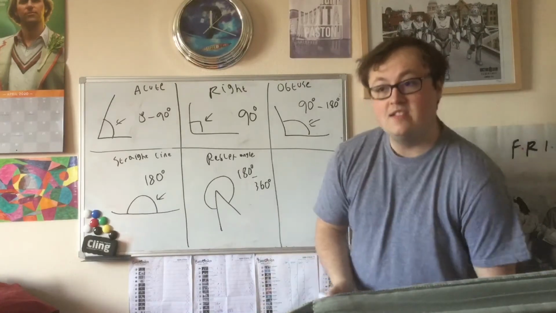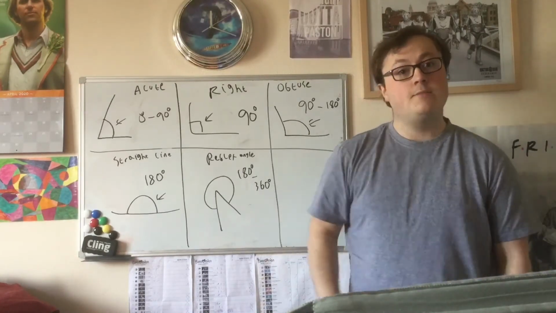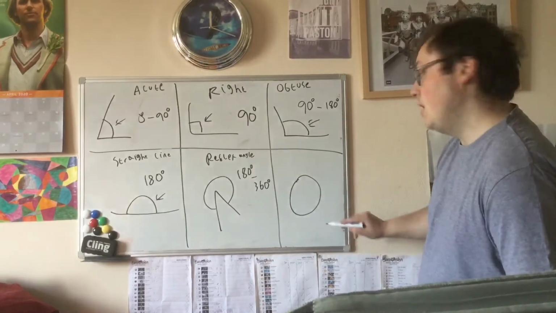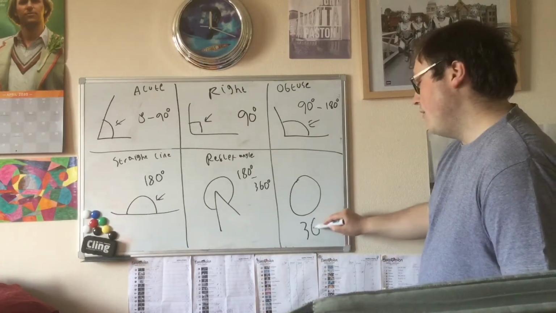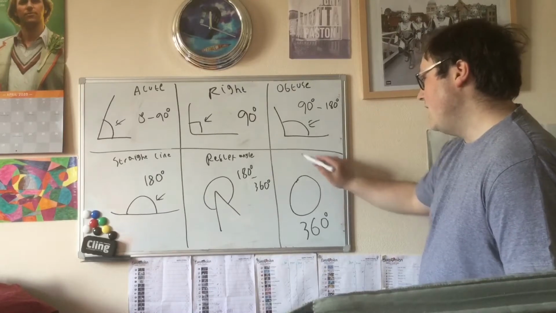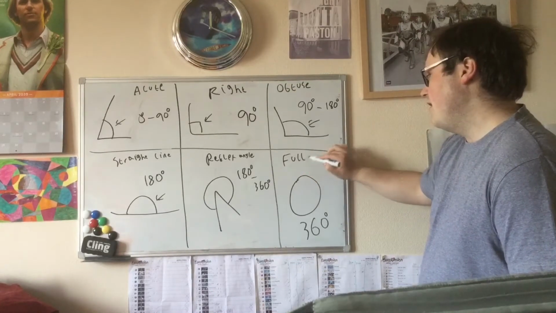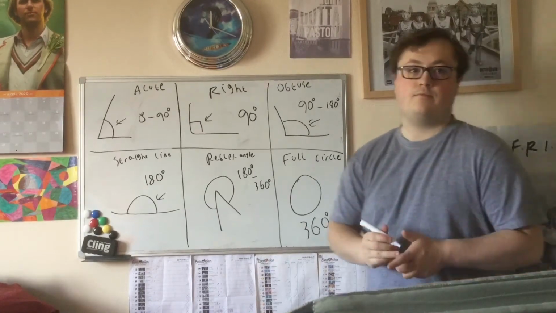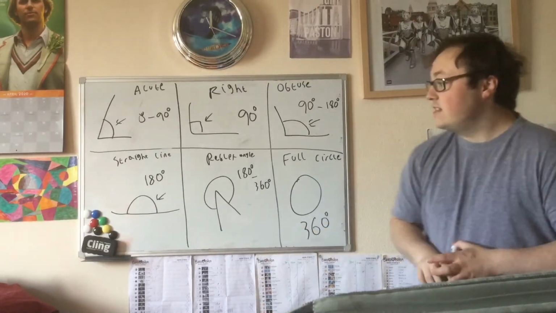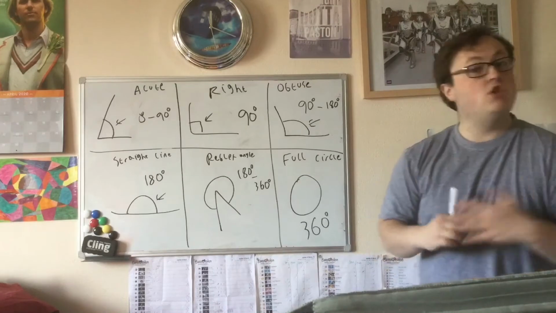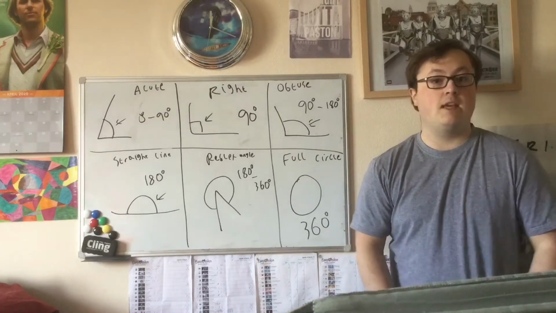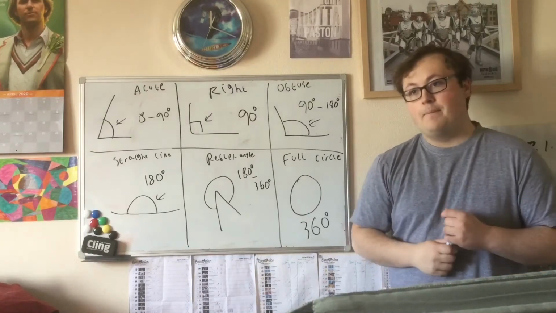The reason why is our 6th and final angle, which most people forget, which is this one. Now this one is simply 360 degrees and is known as a full circle. Those are the 6 types of angles out there. There's no more, no less. These are the 6 types that you'll be experiencing this week.